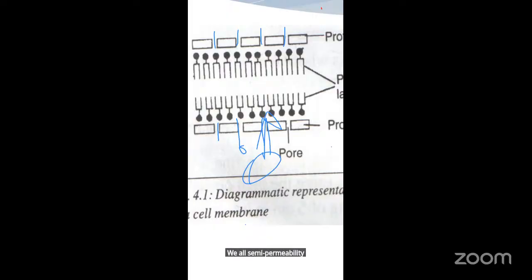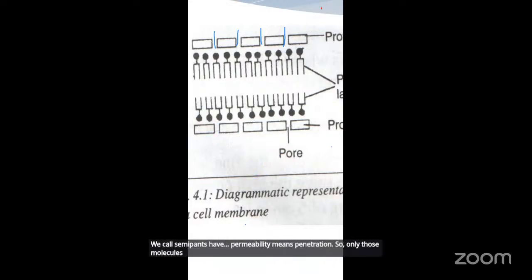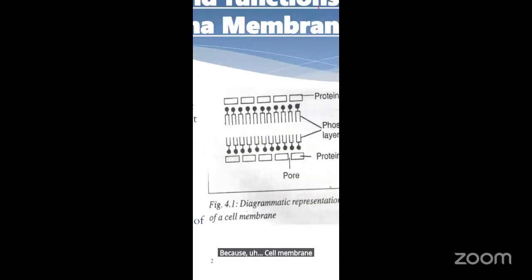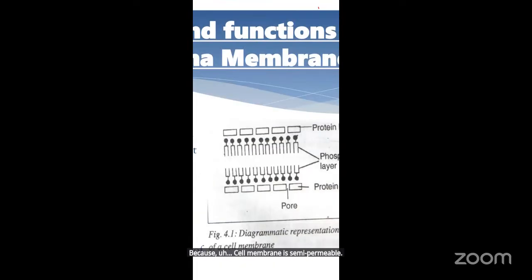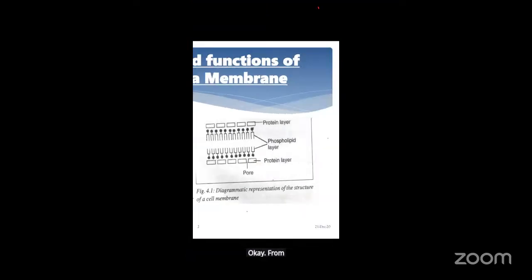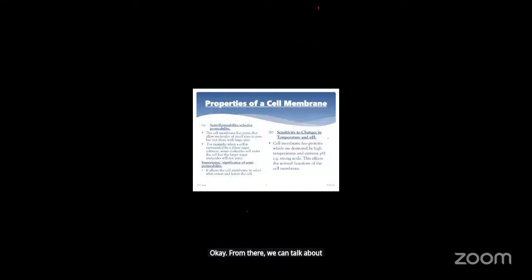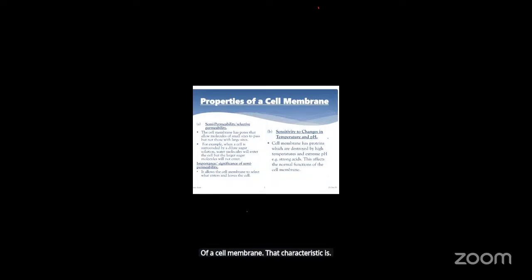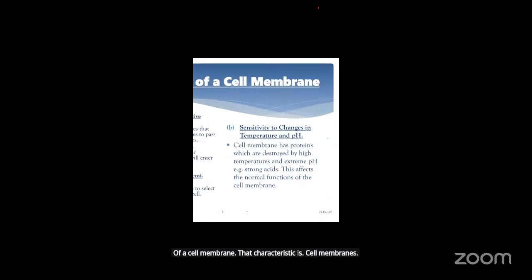Semi means half, permeability means penetration. So only those molecules which are very small in size will pass through because a cell membrane is semi-permeable. From there, we can talk about the other characteristic of a cell membrane: cell membranes are sensitive to change.